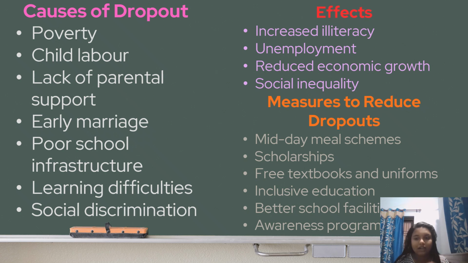Everybody is included in the classroom. It is inclusive education. And better school facilities. We are providing good infrastructure in school, and arranging awareness programs for parents, society, and students as well. So these are the measures to reduce dropout.